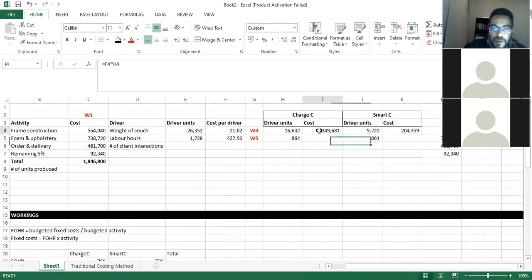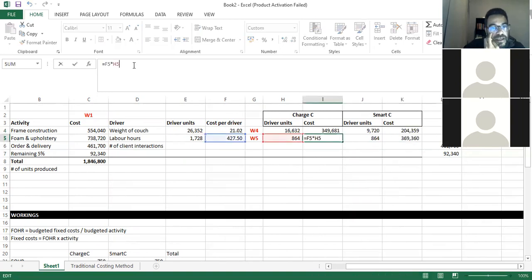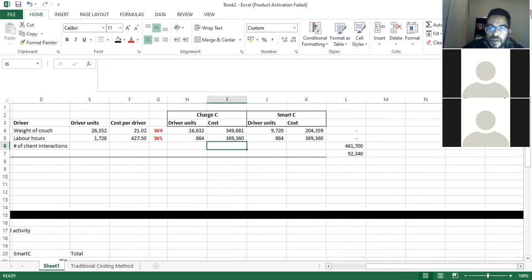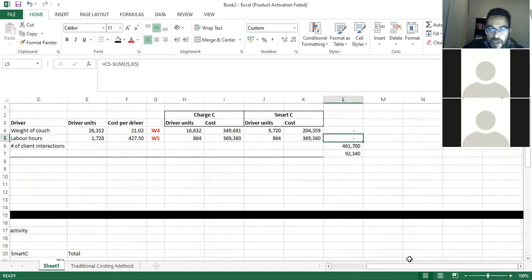Okay. So remember, I'm just going to drag this down just to check the formula. So you can see the formula is right. It's taking the cost driver per unit multiplied by 864. And then the same thing over there. Okay. If I do that check here on the side, it is 0. So I'm happy. It appears to be correct.